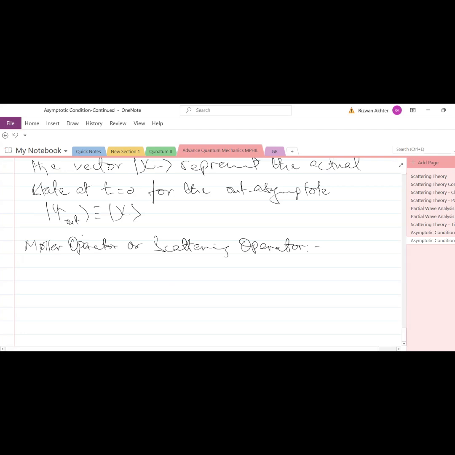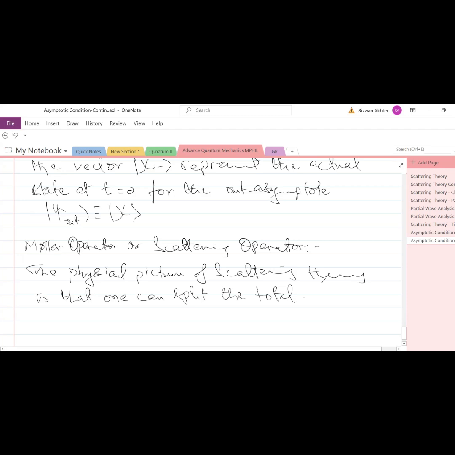So the physical picture of a scattering theory is that one can split the total Hamiltonian into two parts, into two terms. And that is basically H equals H naught plus V. So these are the two terms.